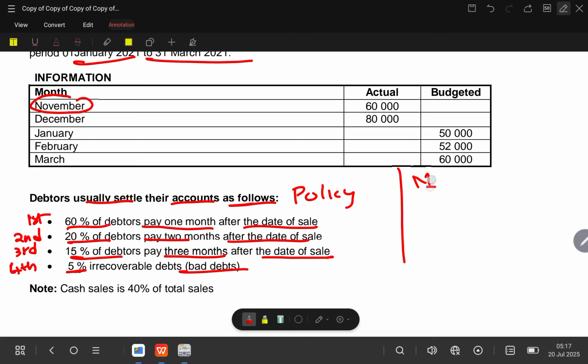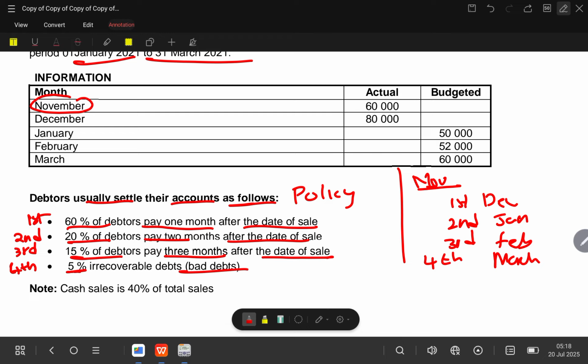Remember, if I bought in November, my first month will be December, my second month will be January, my third month will be February, and then the fourth month where you write off is going to be March. So you need to know when the written off will also be done.